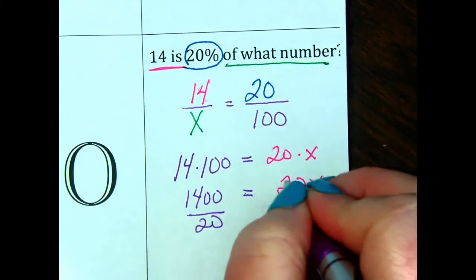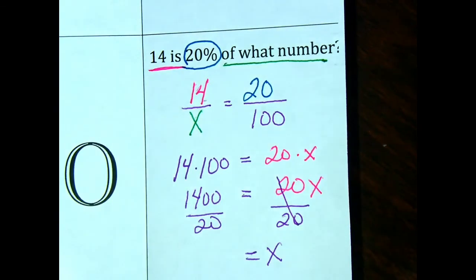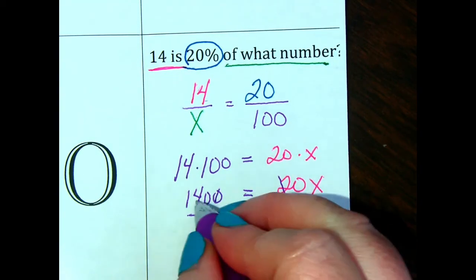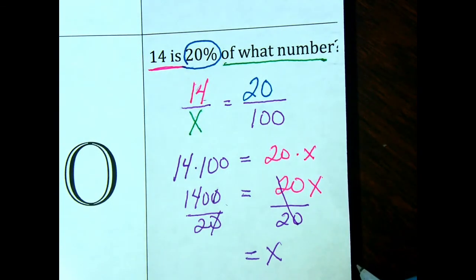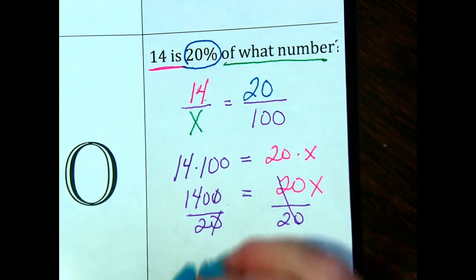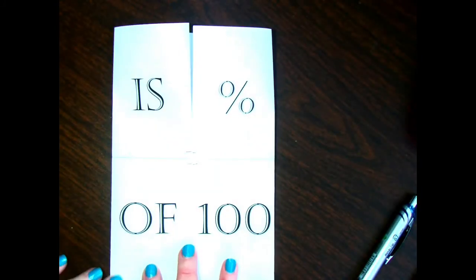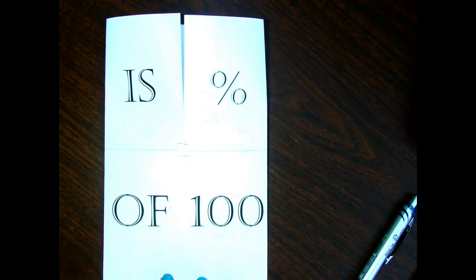This reduces to 1, and 1,400 divided by 20 gives me 70. And I can see that my answer makes sense because my denominator in this case should be more than my numerator. Don't forget, we're going to be using the relationship of is over of is equal to percent over 100, or part over whole is equal to percent over 100 to solve percent problems using proportions.